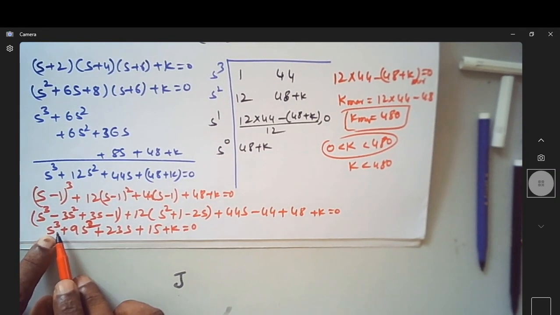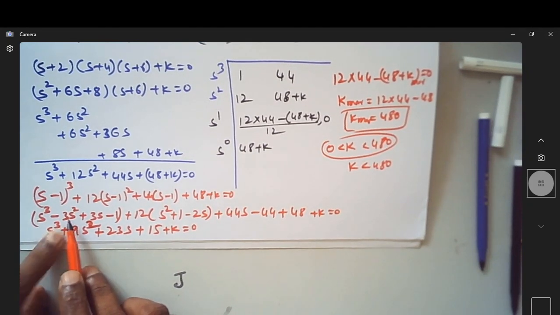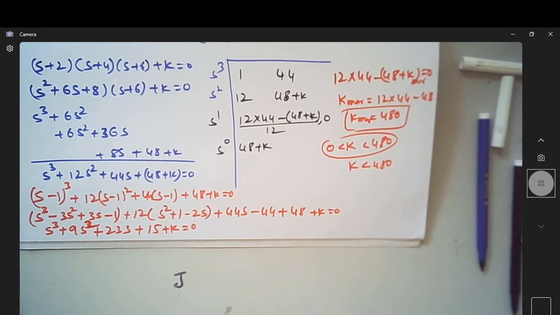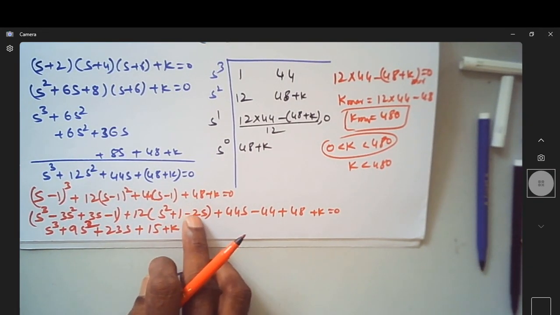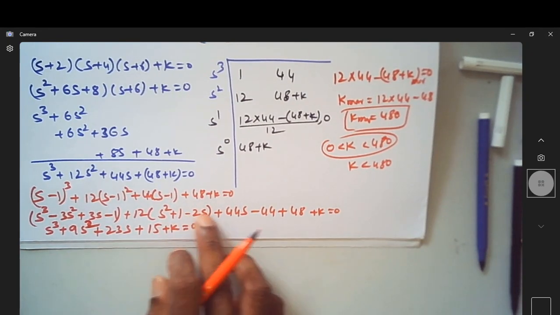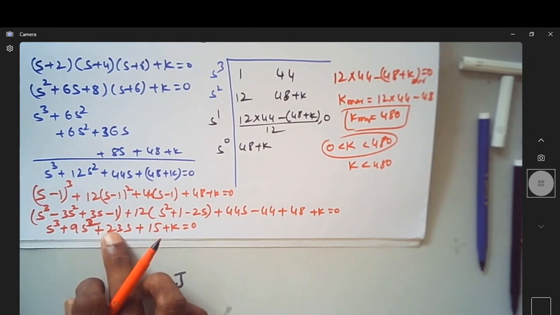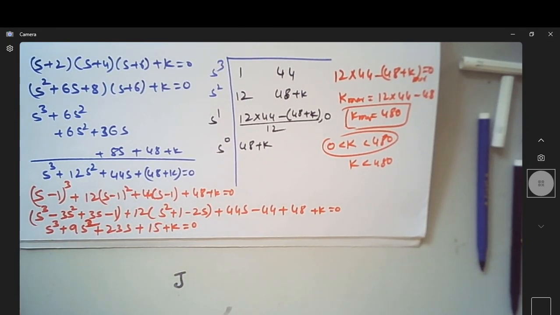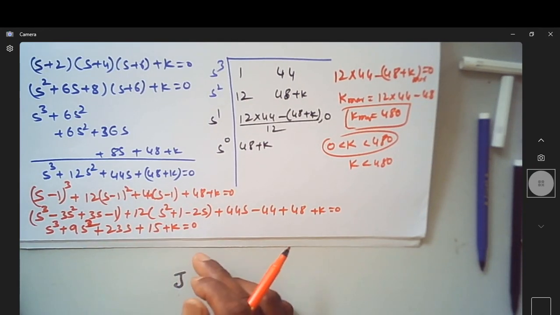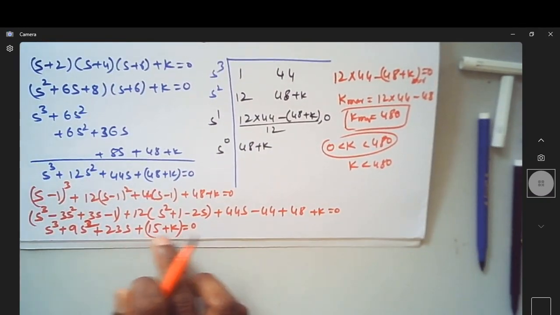Let me verify: s cube, minus 3 plus 12 is 9, then you have 3 minus 24 plus 44, that is 23s, then minus 1 plus 12 minus 44 plus 48 is 15. This is the s power 0 term.